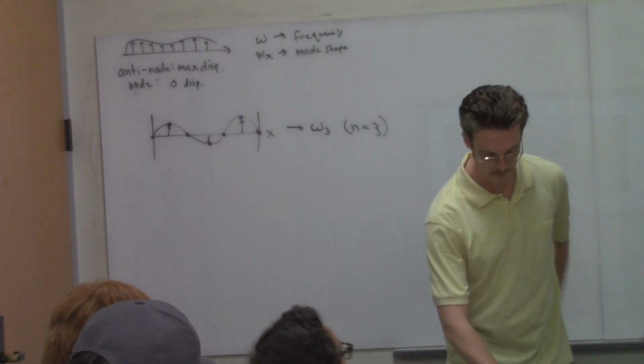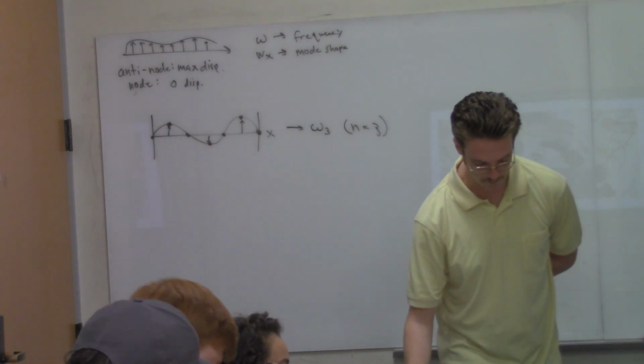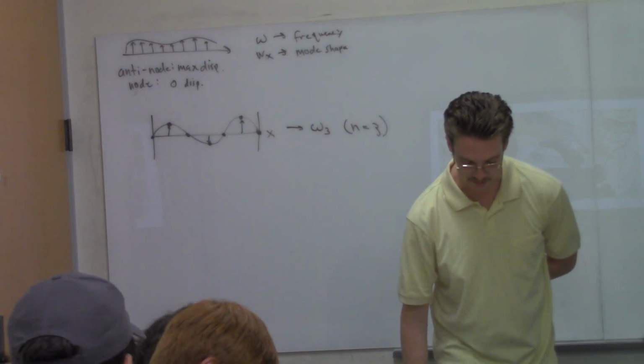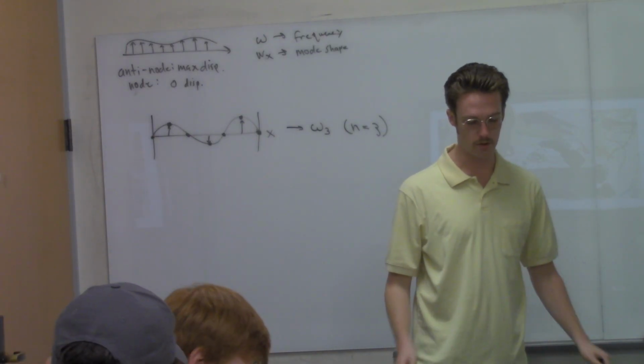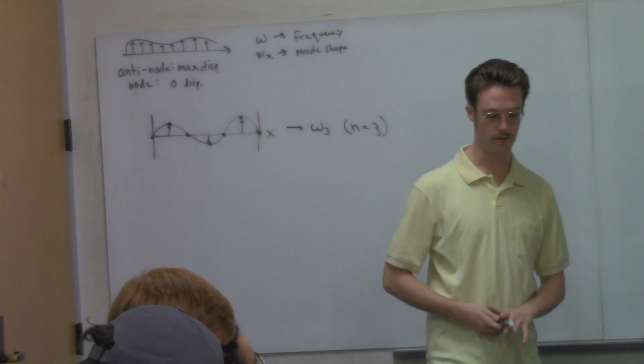So now I'm going to describe the different types of boundary conditions that we're going to see and the relationship between nodes and antinodes.